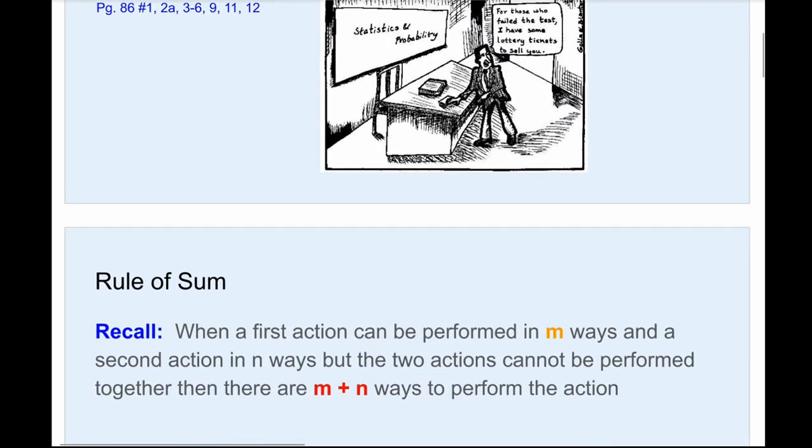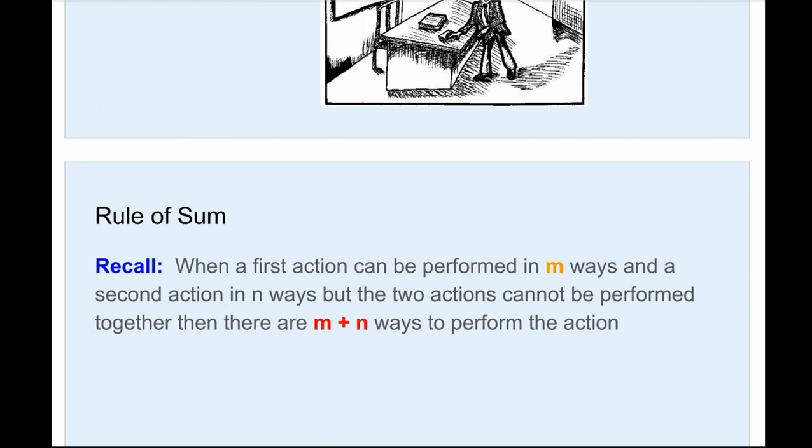So the rule of sum, or you could also call it OR, because this is where we will see it come up when we see OR in our questions. Remember, when we see OR, and we've talked about this in simple probabilities, OR just means plus or addition.